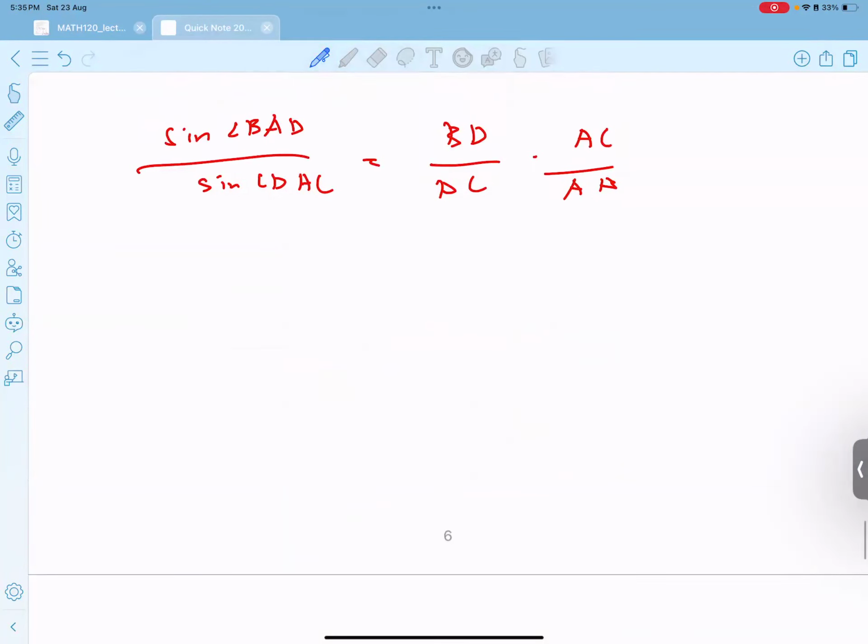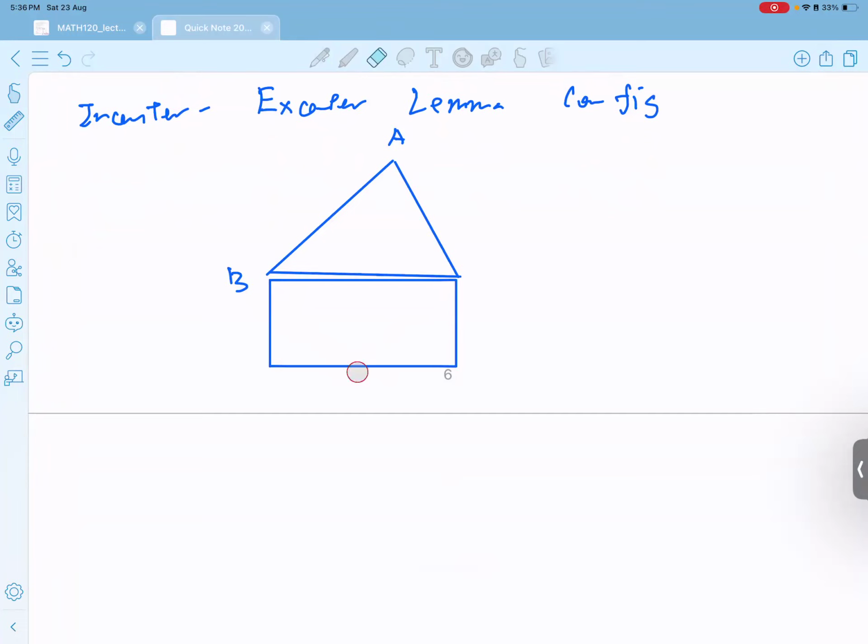So suppose you have a quadrilateral ABCD. Okay, that did not work.